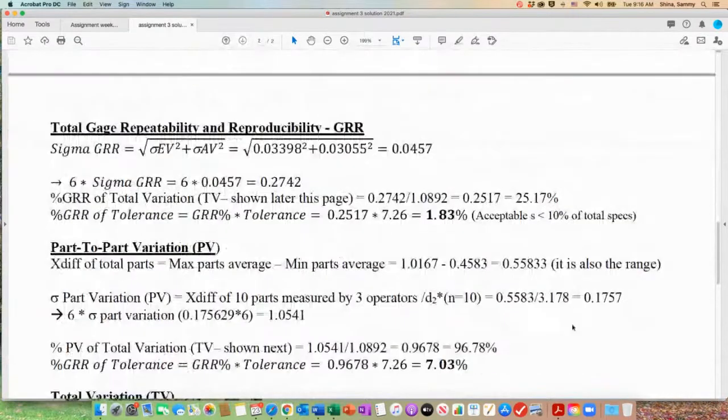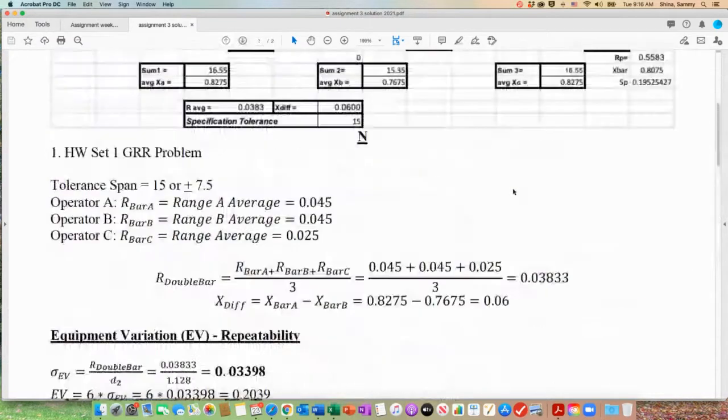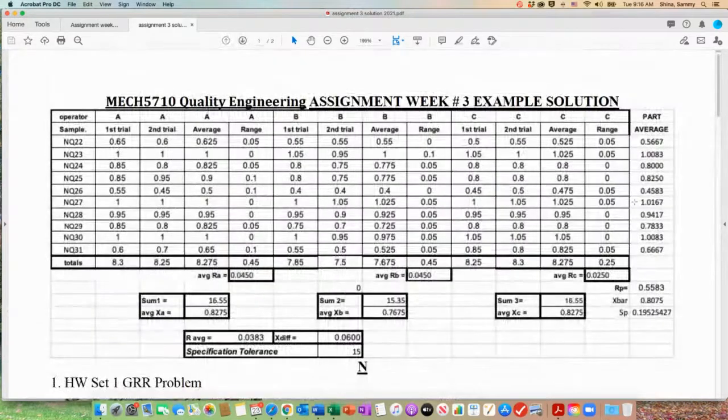So when we look at the sigma of part-to-part variation, we take the maximum minus the minimum right here, 101 minus 45. So the maximum is 101, which is part number, I'm not sure what that is, maybe part number 6. And 45 is the part above it, part NQ26 and NQ27.